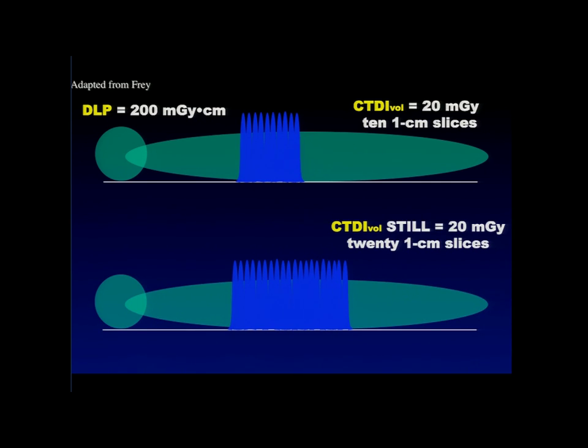And down here, my CTDI vol again has not changed, but my DLP is doubled because my scan length is doubled. So that's the role that DLP typically plays clinically, but again, it does not represent patient dose.